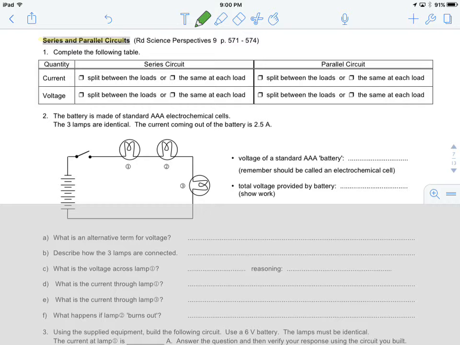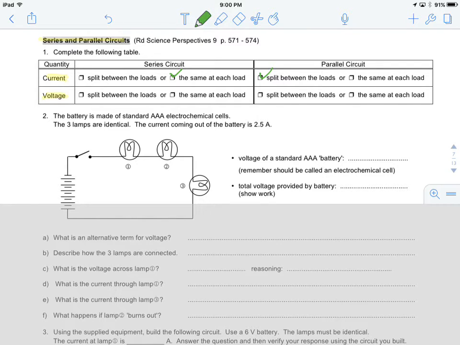First of all, we want to remember that with current, in a series circuit, current is the same at each load. In a parallel circuit, when we have multiple paths, current is split between the loads. Voltage is not the same story.